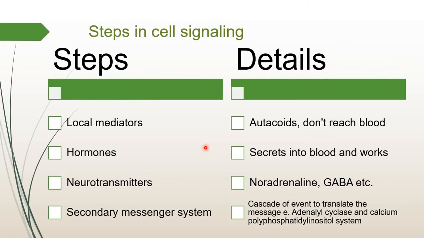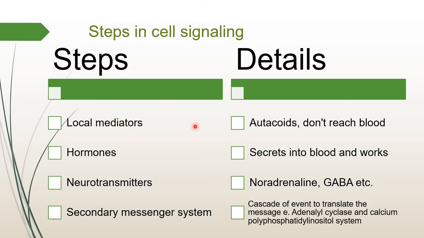Now, what are the steps involved in the signaling pathway? Because we know nerve function is to transfer information from one place to another, and this transferring of signals is sometimes very complicated. But nevertheless, since I'm focusing on beginners, you see the steps.